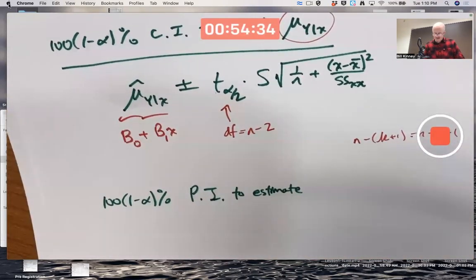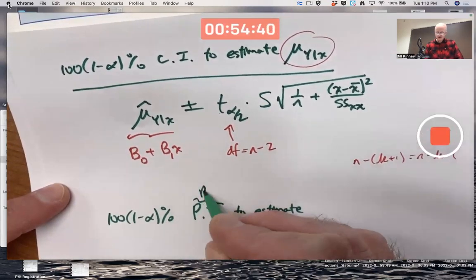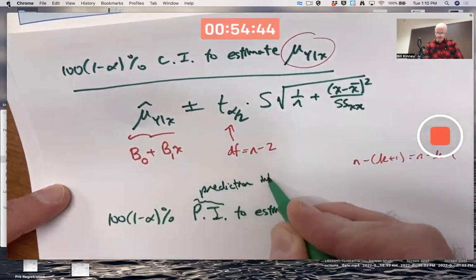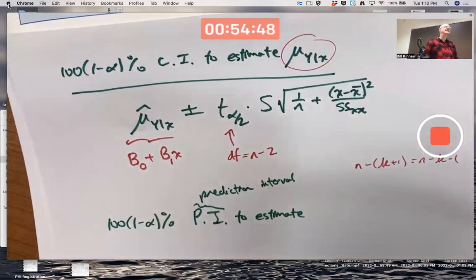PI, huh? It's no longer a confidence interval. It's called a prediction interval. But guess what? Even though we call it a prediction interval, it's still a confidence interval. We use the word prediction to highlight how it's used.